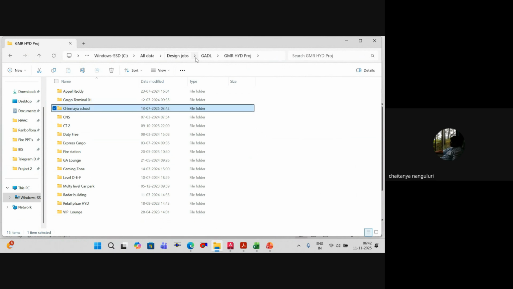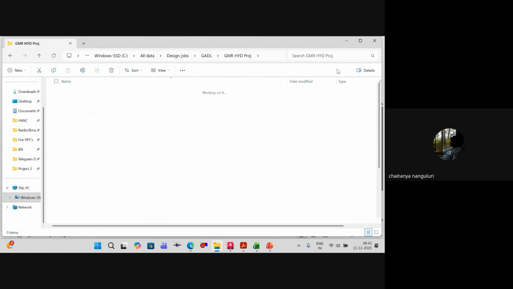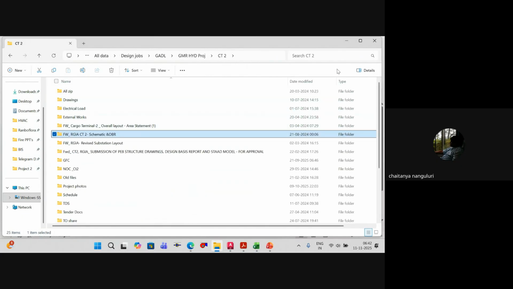Then I had to argue, and we had a lot of arguments, and then we had to reduce it because of the budget constraints, for this particular cargo terminal project that I've shown. So this is the EBR report.